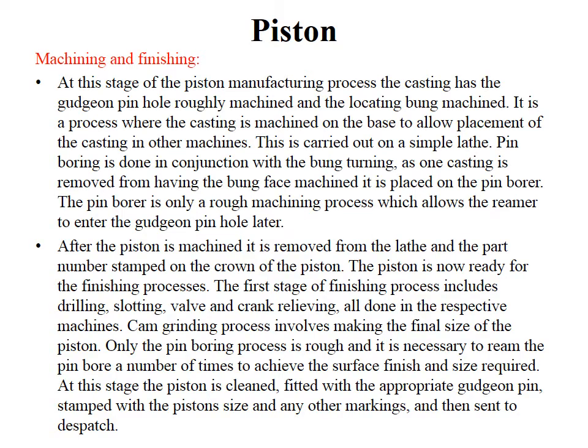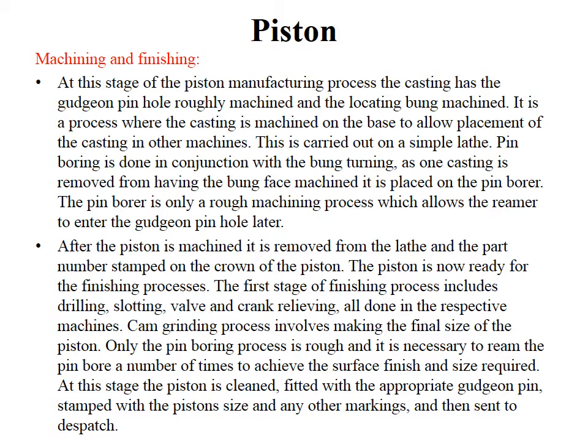In the machining process, the gudgeon pin hole made in casting by using cores has to be very precisely machined using a turning machine. Boring is done, and then a pin borer is used to make sure that the gudgeon pin hole is made.